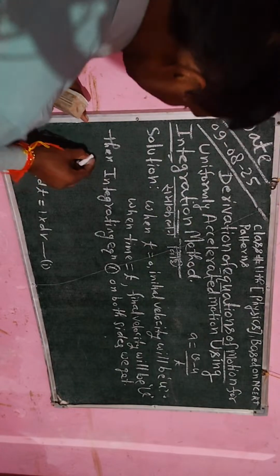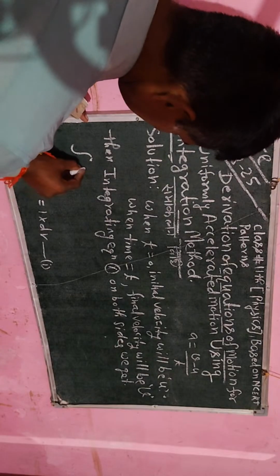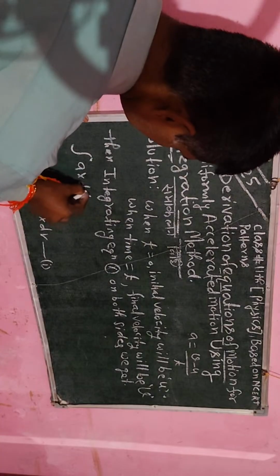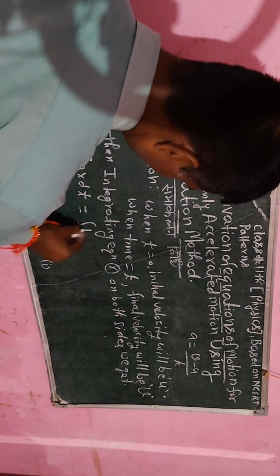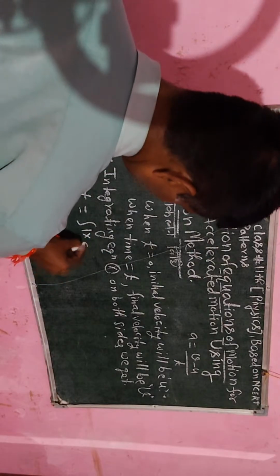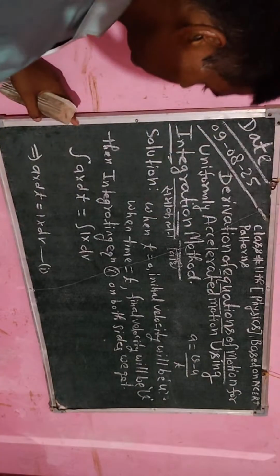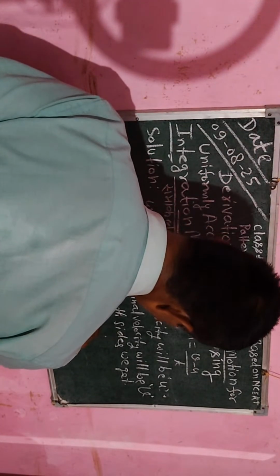So here I will put the integration sign, integral of a into dt, which is equal to integral of 1 into dv, because this symbol is used as integration.